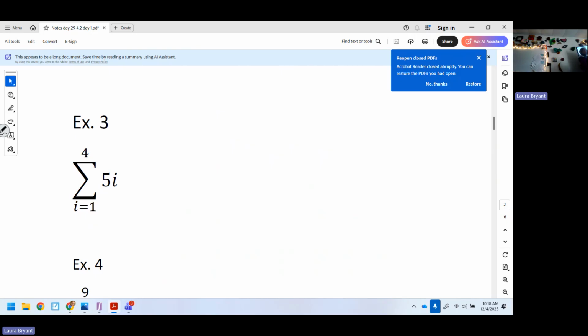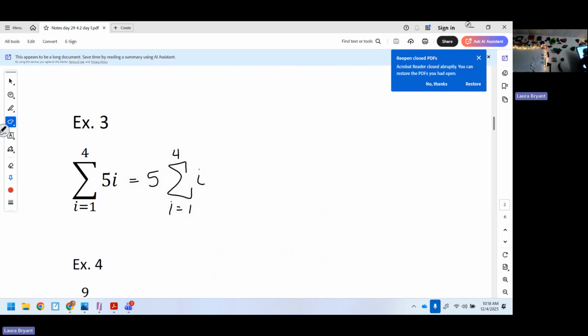Okay, so example 3, the property you want to use here is just saying you can pull a constant out front. Oh, here you get to practice doing your sigma. They're kind of hard to do. I try to focus on making the top and bottom parallel, but it's harder than it looks. You do need to write your lower and upper boundaries, but you can pull the 5 out and leave the i in there. You can just pull constants out.